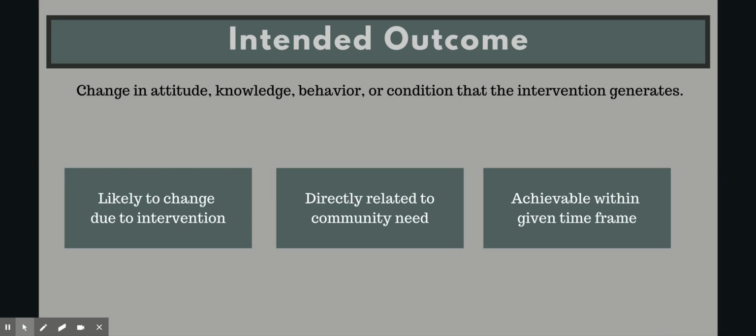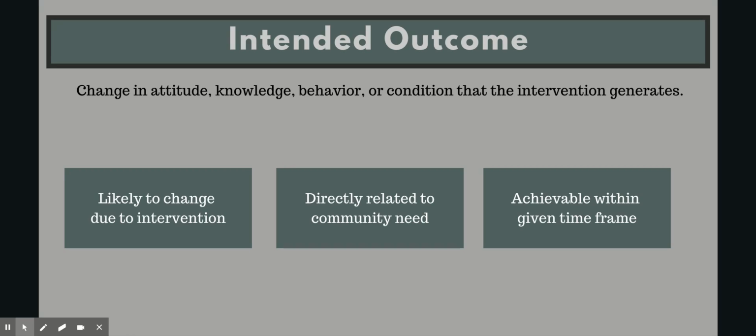So, the last component of the theory of change is intended outcome. This is a change in attitude, knowledge, behavior, or condition that the intervention generates. So, from the intervention, what is expected to happen?